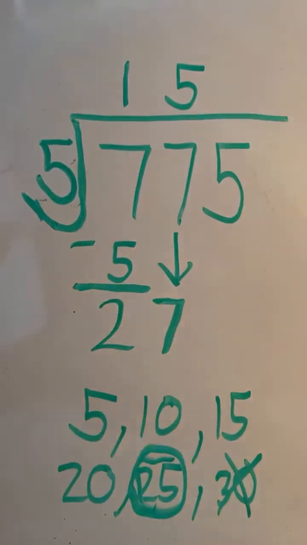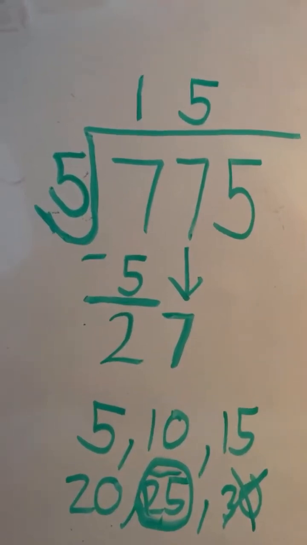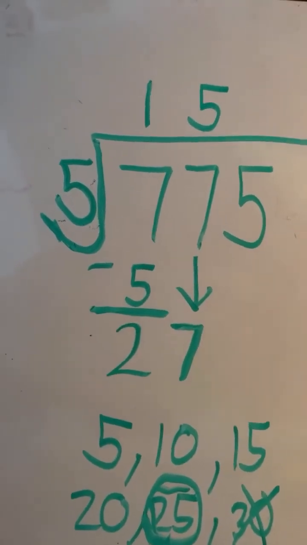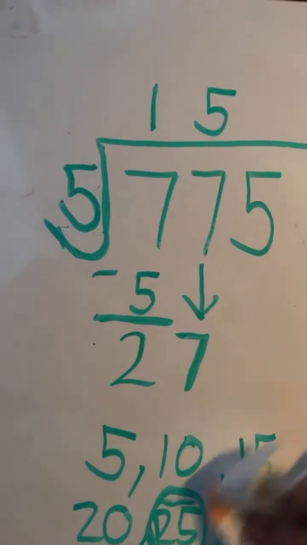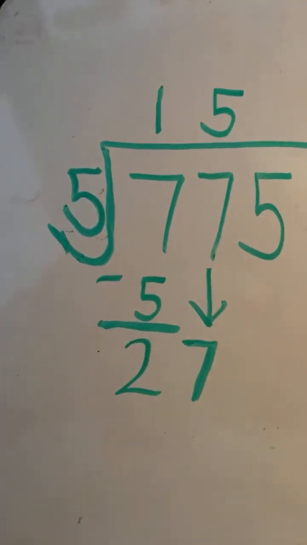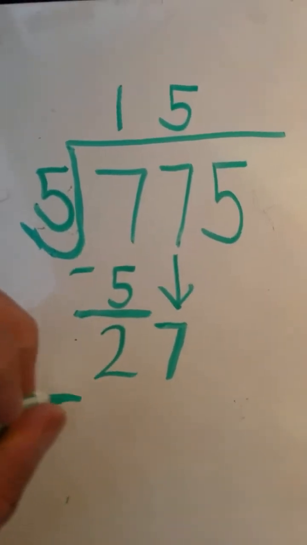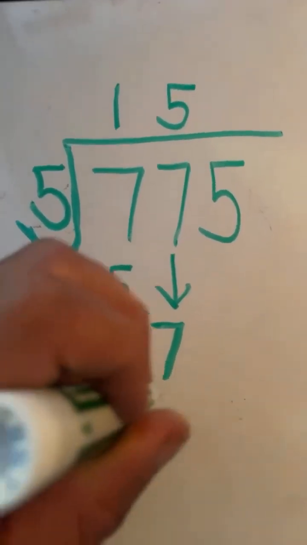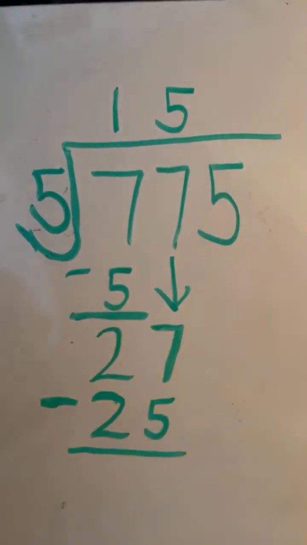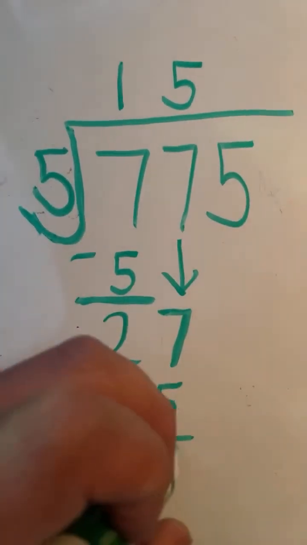So 25 is what we need to subtract to find our remainder. 27 minus 25 equals 2.